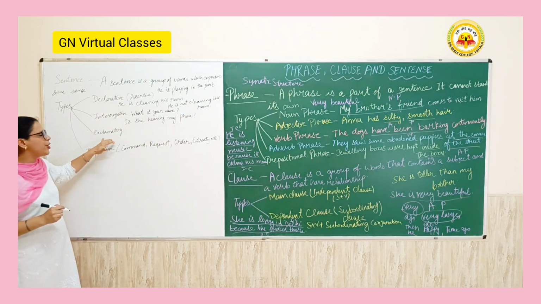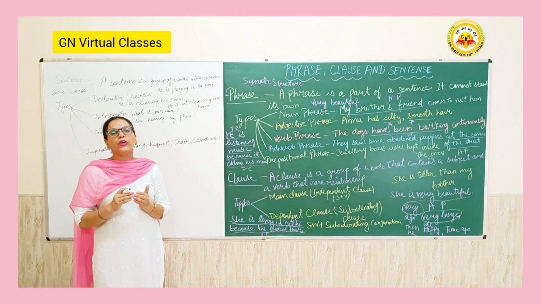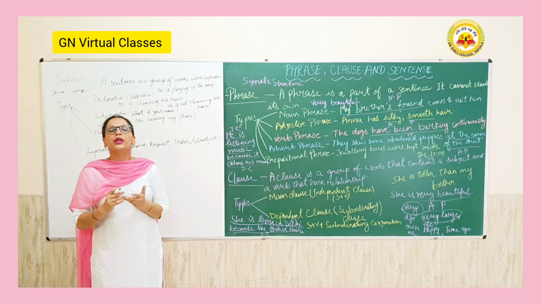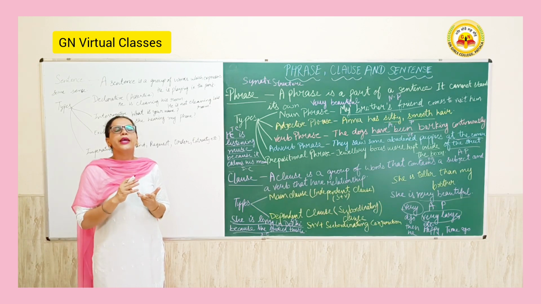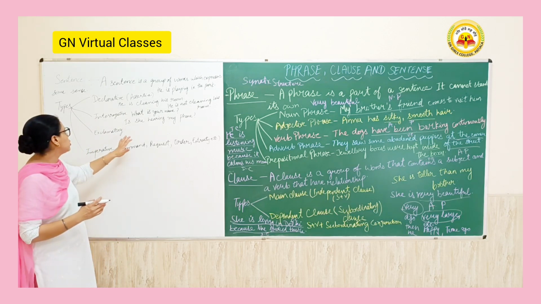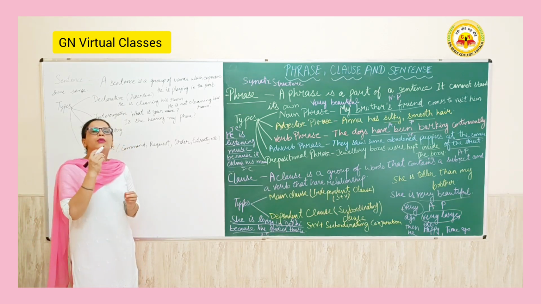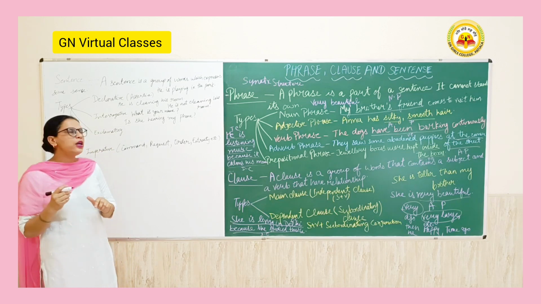Next is exclamatory. Exclamatory sentences define the deep feeling of a speaker. Like, it expresses sadness, happiness, joyfulness, and expresses admiration for others. This is called exclamatory, and it contains an exclamatory mark at the end of the sentence.